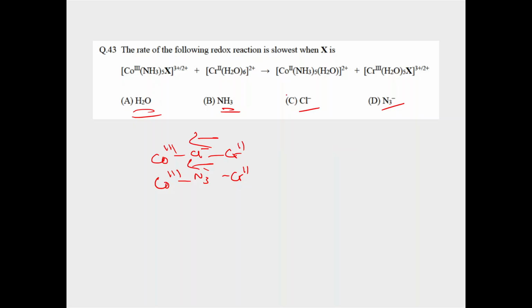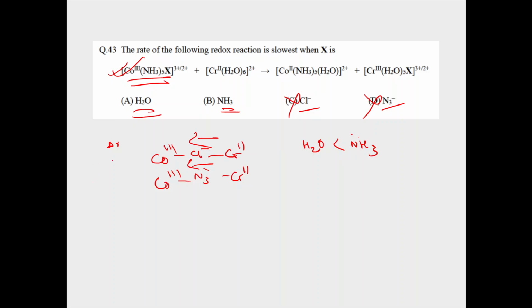So first we can eliminate these two options, C and D. For them, the reaction rate will be faster. Now we have to compare between water and ammonia. So how can we compare? We know that if we see the spectrochemical series, then water is a weak field ligand compared to ammonia, right? So therefore, because of this strong field ligand, this cobalt complex will have more delta O, and it will become more inert in nature.